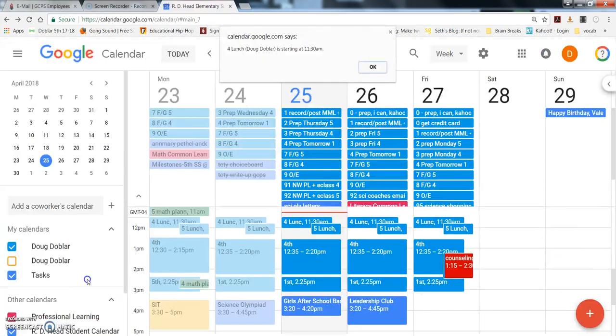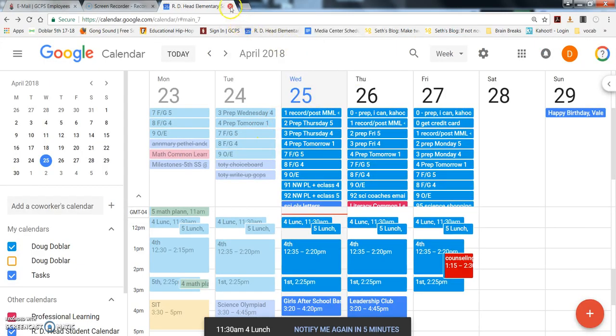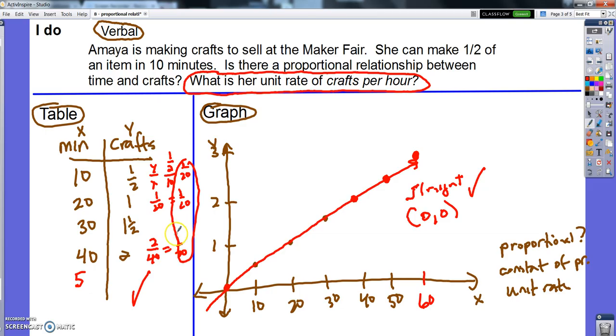Or I could have continued this. 50 minutes, 2.5 crafts, 60 minutes, 3 crafts. So if you look at that, it all kind of goes together. So it looks like her rate of crafts per hour is 3 crafts per hour.